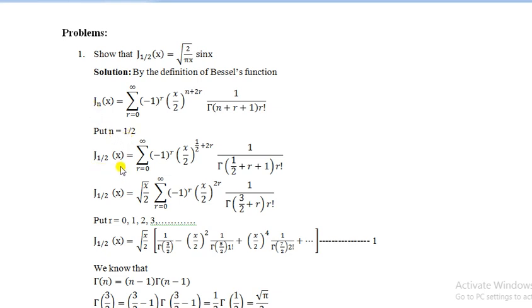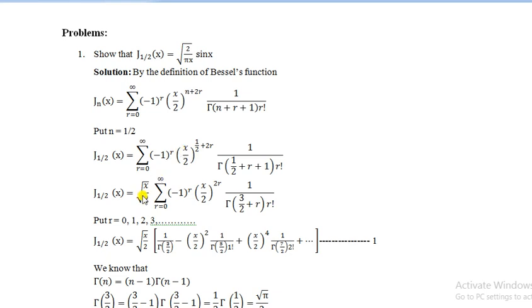So J half of x equals summation of minus 1 raised to r, x by 2 raised to 1 by 2 plus 2r, 1 divided by gamma of 1 by 2 plus r plus 1 into r factorial. Now split the power of x by 2 as one is x by 2 raised to 1 by 2, another one is x by 2 raised to 2r, and x by 2 raised to 1 by 2 means square root of x divided by 2.